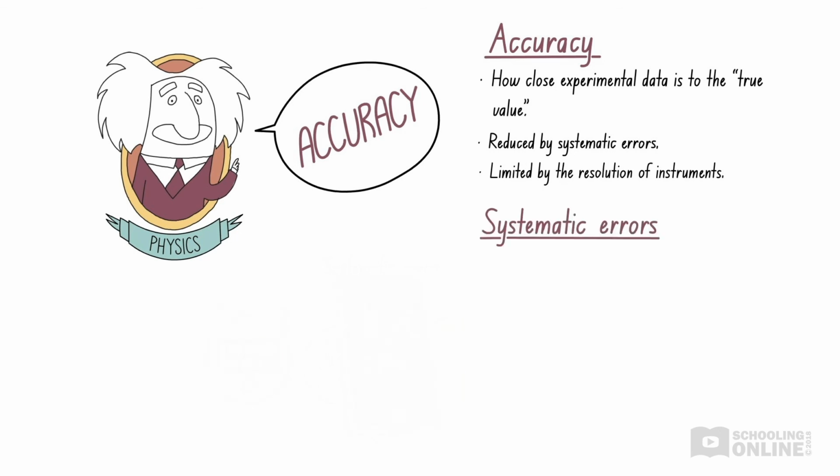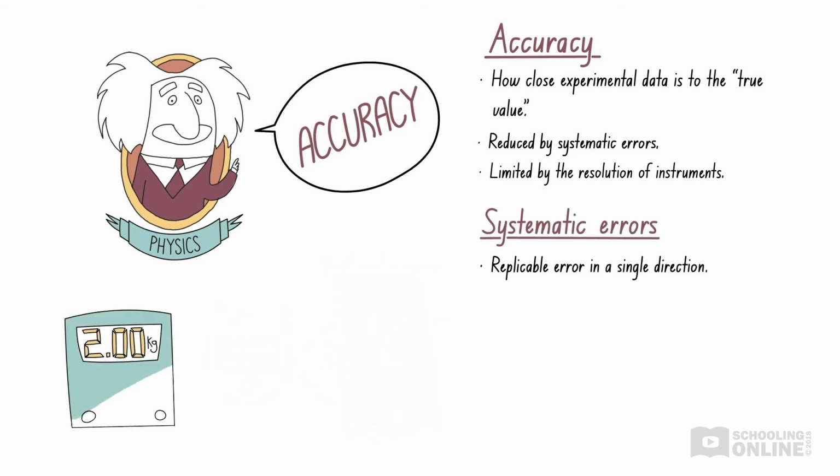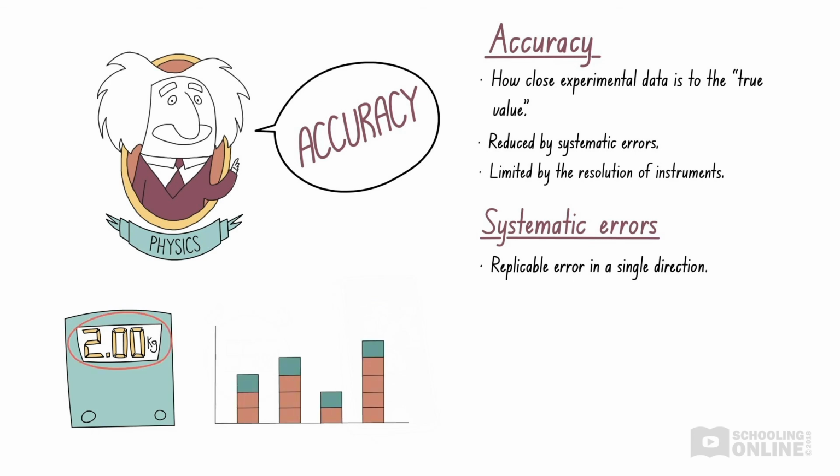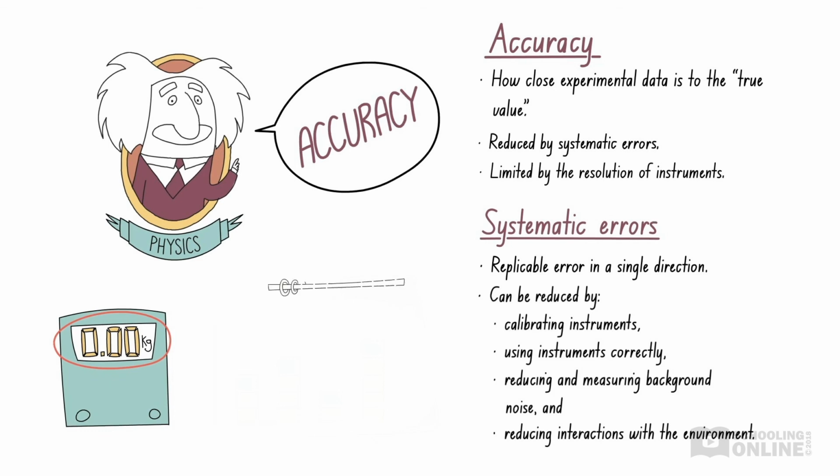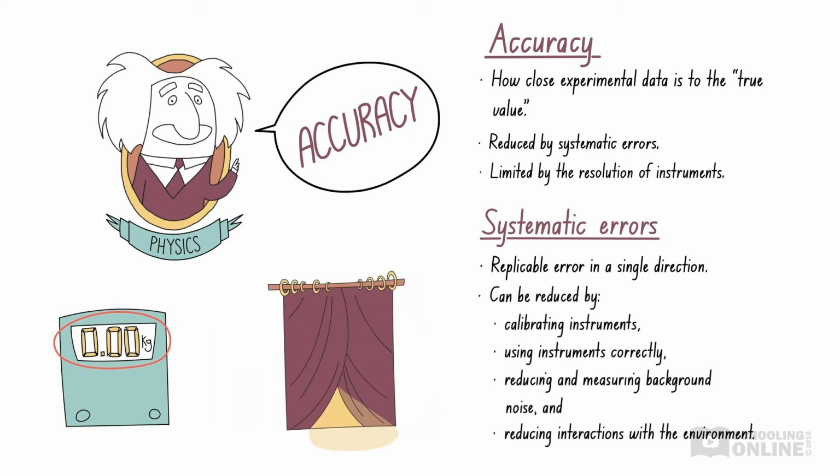Systematic errors are repeated, reproducible errors that are consistently in the same direction. We can reduce systematic errors by calibrating all measuring instruments, ensuring the instruments are used correctly, reducing and measuring background noise levels, and reducing any interactions with the environment.